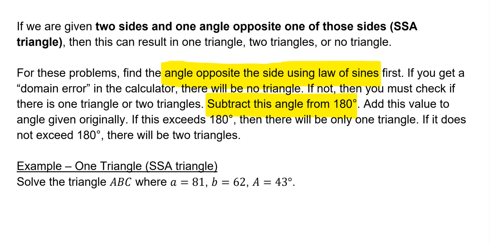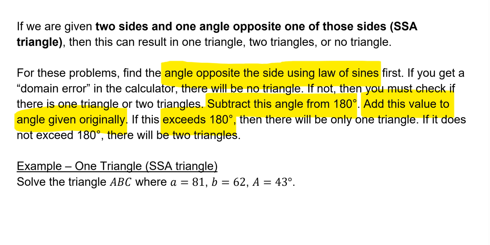And then you're going to add that result to the angle that was given originally. If that result exceeds 180 degrees, then there's only going to be one triangle. If it does not exceed 180 degrees, then there's going to be two triangles.